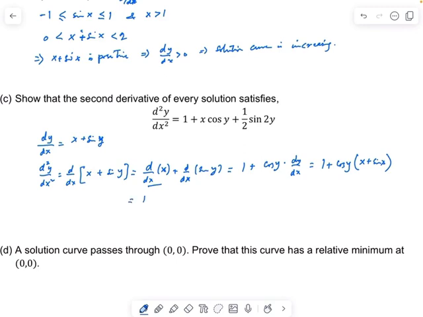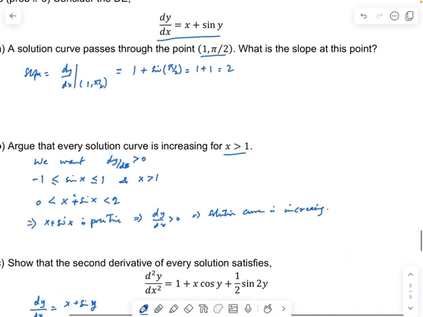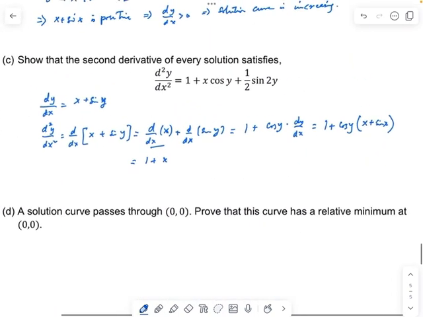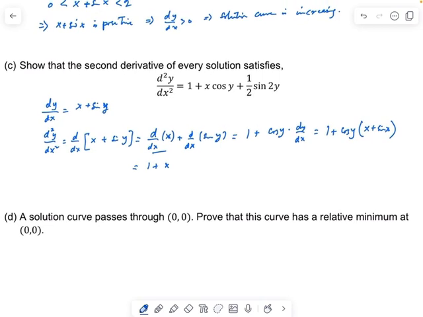So we get 1 plus x cosine of y plus cosine of y times sine of y. So this is what we get.